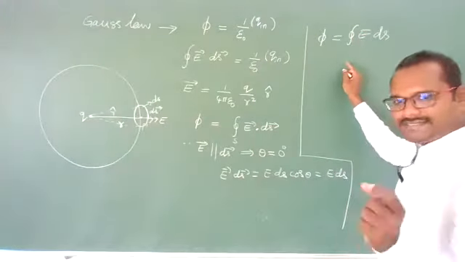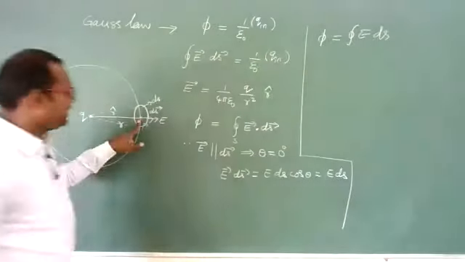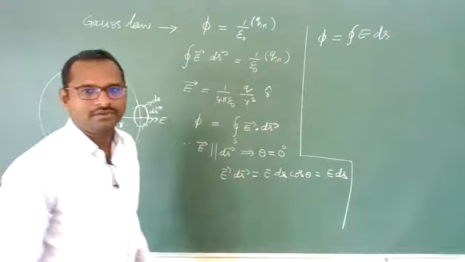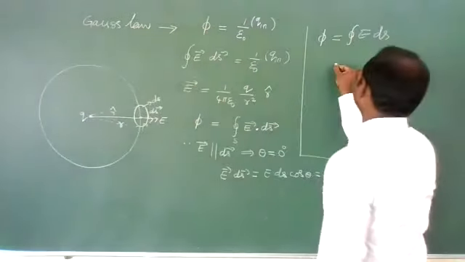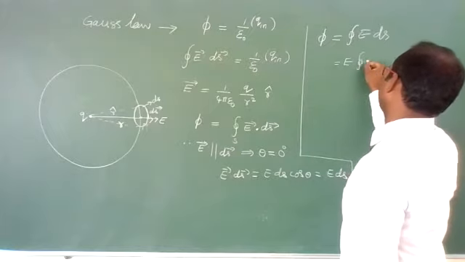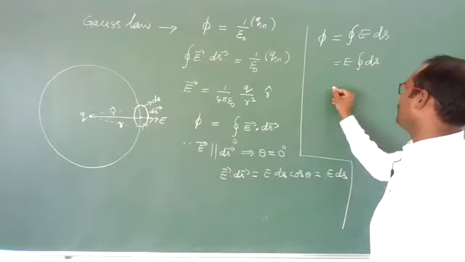As this E is a constant at a distance of r, that is 1 by 4 pi epsilon q by r square, we can take it outside. So phi equals E into the surface integral of ds. What is E value?